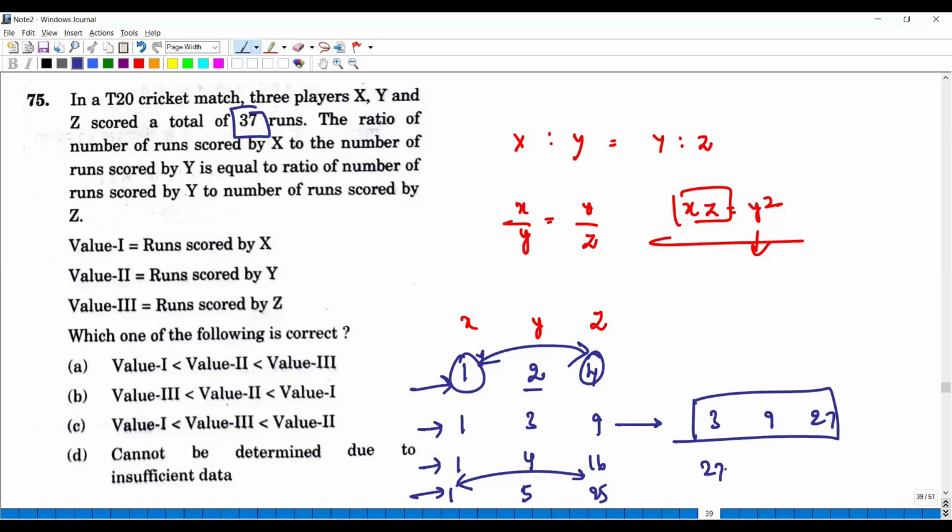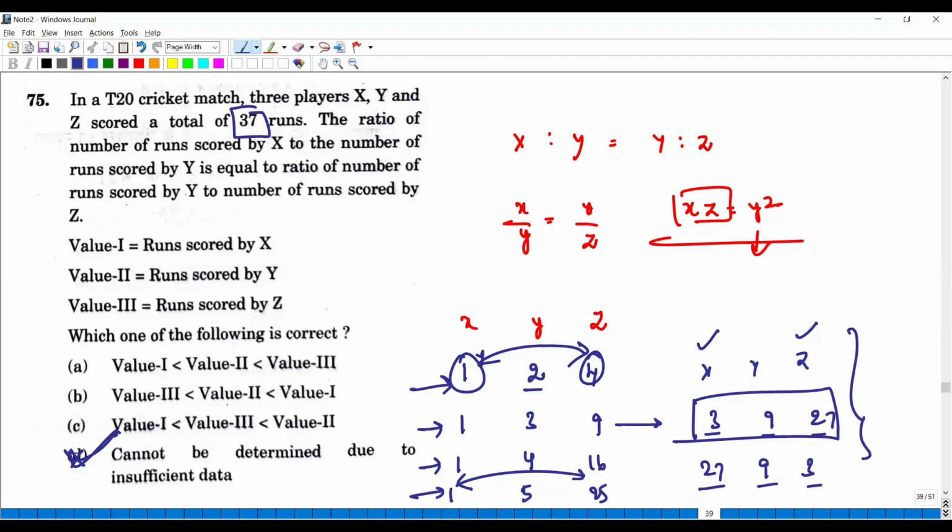You can also take it as 27, 9, 3. Can be X, Y, Z. You can write it in both the ways. Therefore, you don't know the X value, Y value, Z value. Even if you don't arrive at the conclusion, you can say either X can be greater or Z can be greater. You can write it interchangeably. Therefore, the relation cannot be determined. It is insufficient data. So the answer is D.